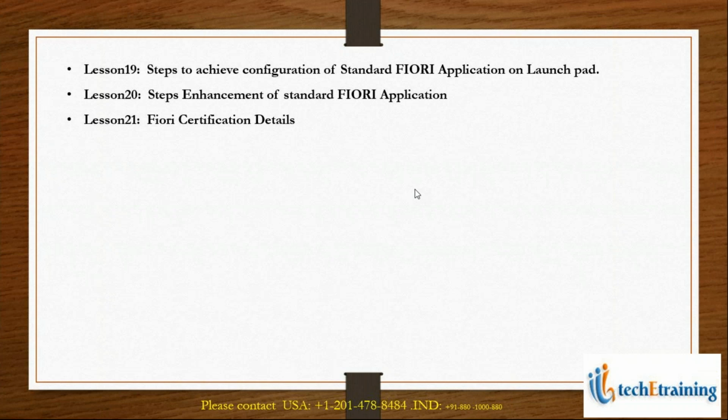Today SAP provides a standard set of applications. The count was initially 3 digits, and today it has moved to 4 and 5 digits. So how do we need to configure each standard application? What principles do we have to follow? What steps do we have to achieve? That we will talk about during lesson 19.